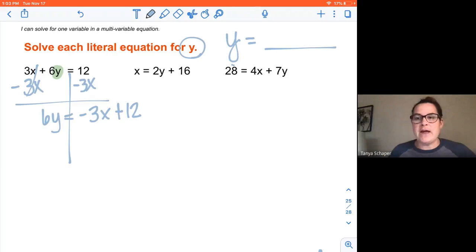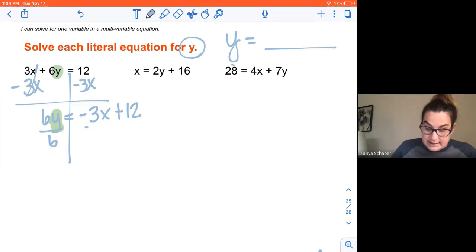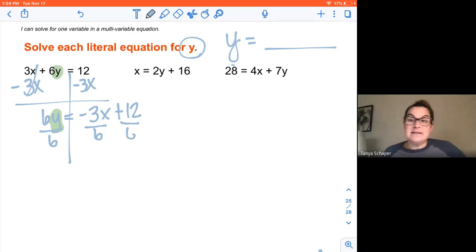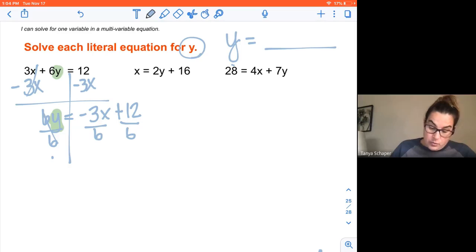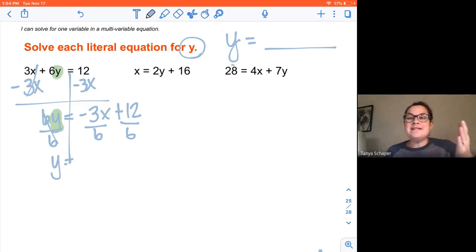That works just fine. Now I still need to get that y by itself, so I'm going to undo it by dividing everything by 6. Divide by 6, divide by 6, divide by 6. These cancel out.